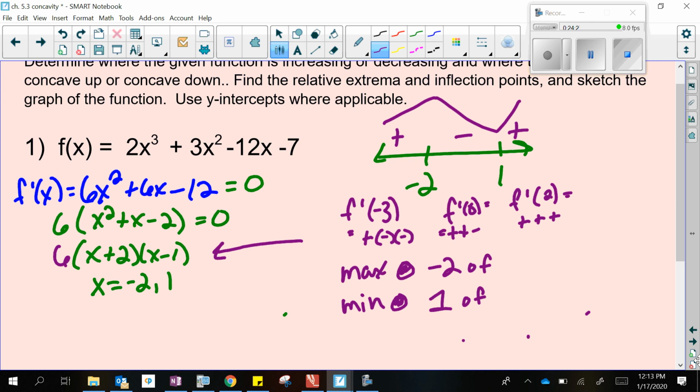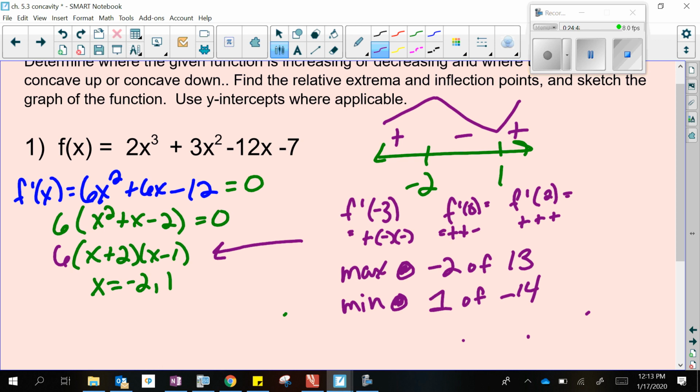I got 13. Did anybody else do that? Did you get 13? Okay. All right, so -2 is a max at (-2, 13). And then 1 is going to be 2 plus 3 is 5 minus 7, -7, so -14.